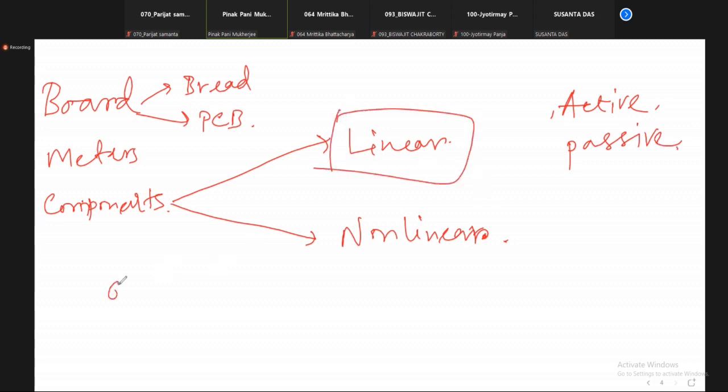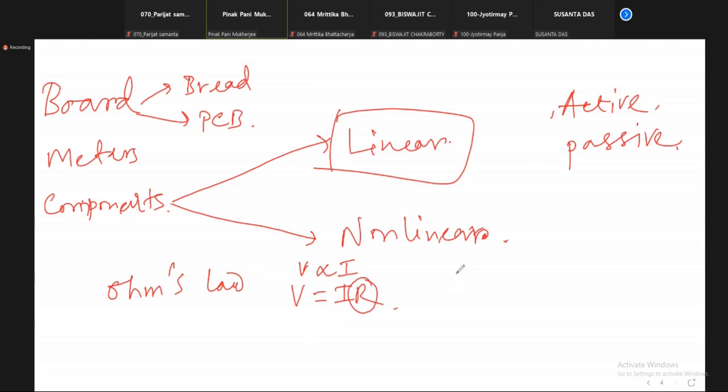So we know Ohm's law. What is Ohm's law? V is mathematically proportional to I if temperature is constant. So V equal to IR, R is constant. V proportional to I, then we introduce one constant, that is V equal to IR.